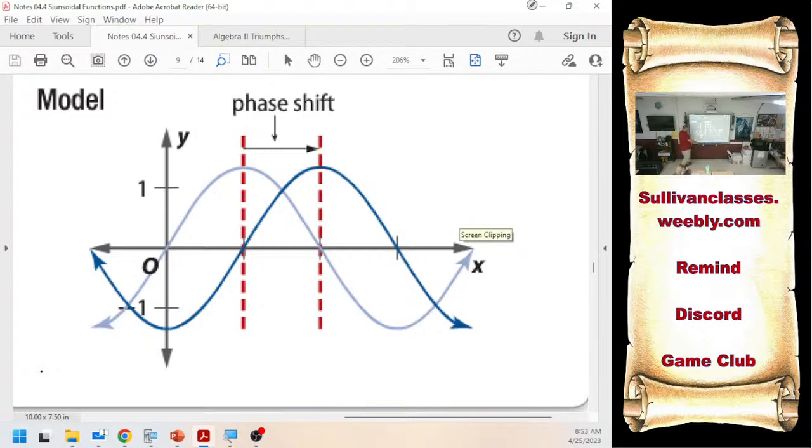So what I'm going to do is when I have a phase shift, I said make the axes work for you. I'm just still going to start my sine right there, but I'm going to label it wherever I started. I'm going to make it start wherever I feel like, because that's going to be easier than trying to fit it to someone else's scale.